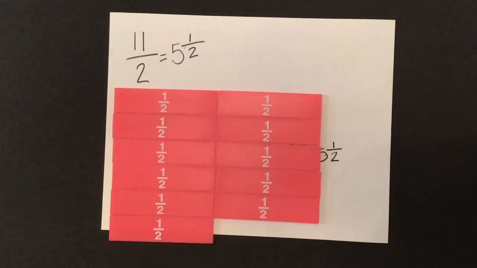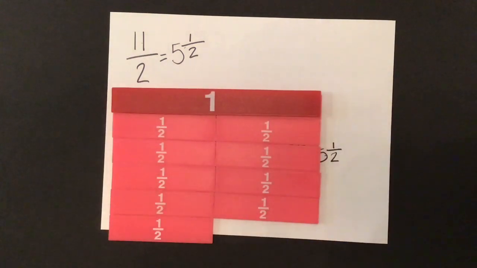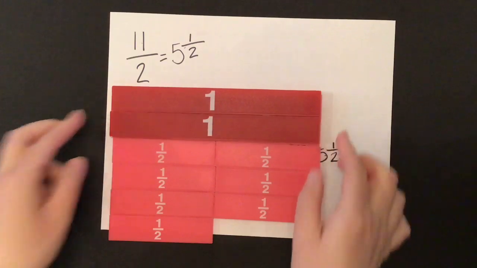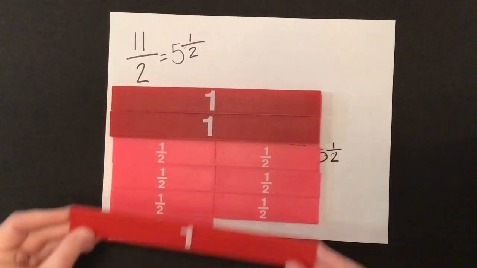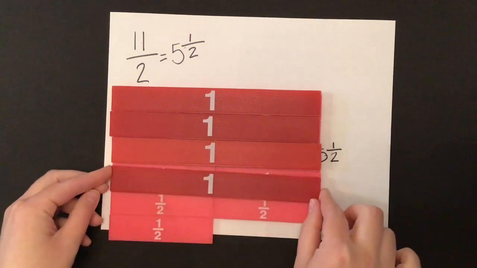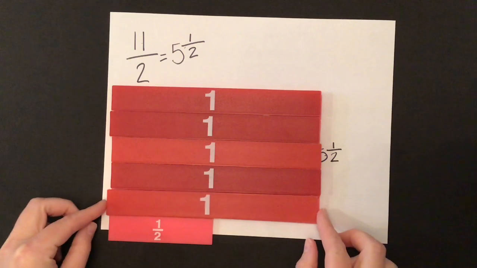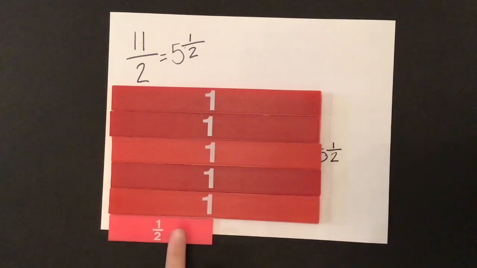Okay, we have enough for 1 whole, 2 wholes, 3 wholes, 4 wholes, 5 wholes, and the 1/2 left over. So we did use the shortcuts correctly, and we got the right answer of 5 1/2.